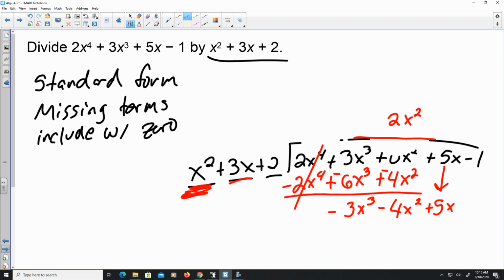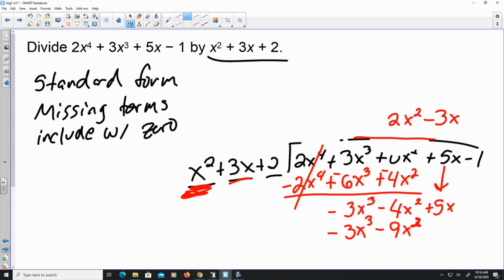Well, it's going to be minus 3x, because negative 3x times x squared is going to give me the minus 3x to the third. I get the same value. Now I take the negative 3x and multiply it by the positive 3x, so that's going to give me negative 9x squared.